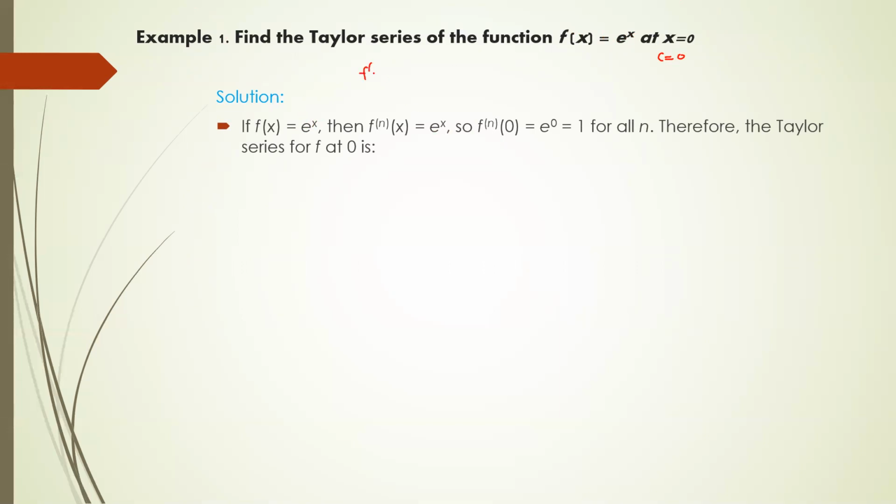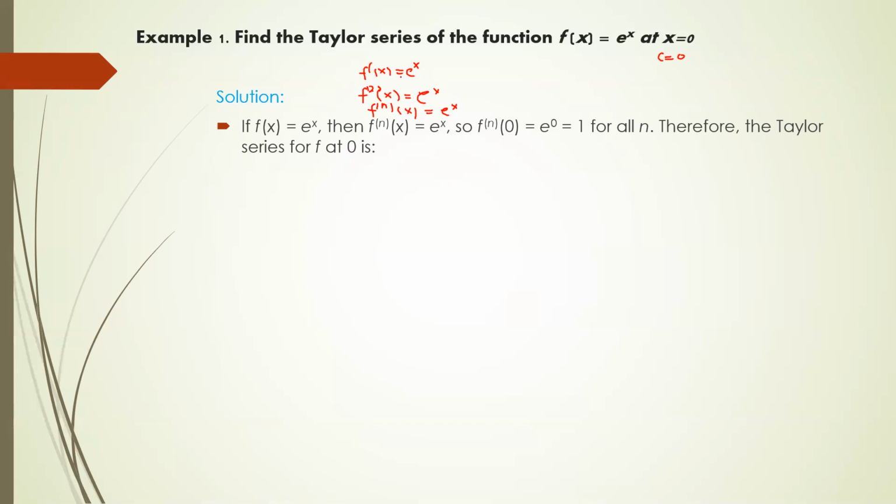So the first order derivative of e to the x is e to the x, the second order is e to the x, the nth order is also e to the x. This is what you should know to crack this problem.